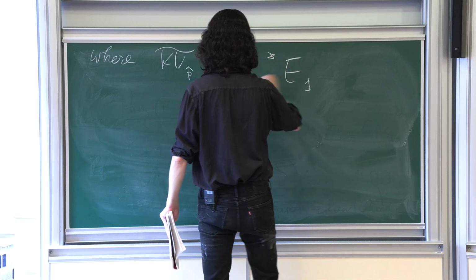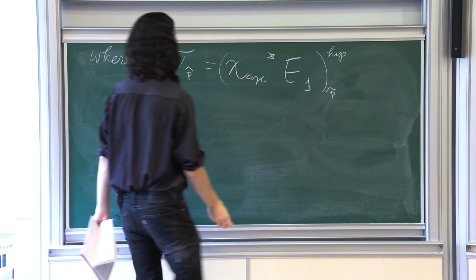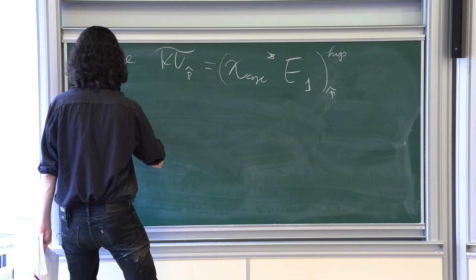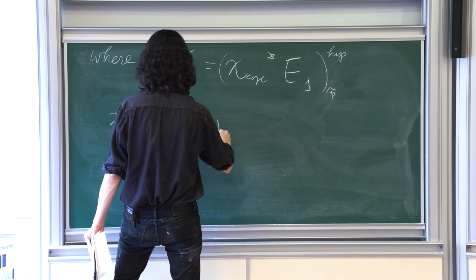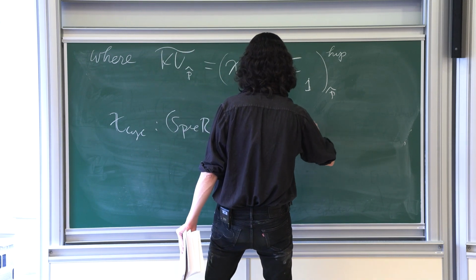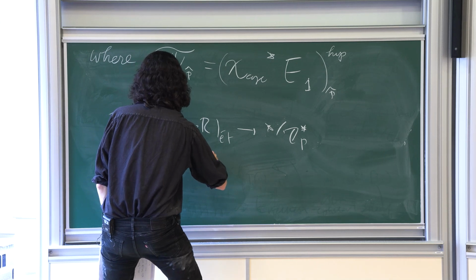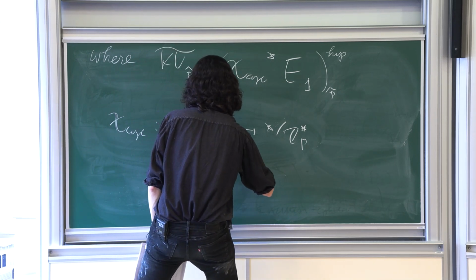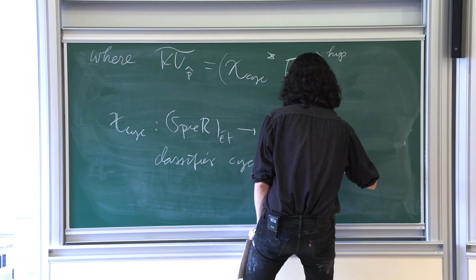And then we have to hypercomplete. You take chi, where the chi is sick, this classifies the cyclotomic tower. The p cyclotomic tower.